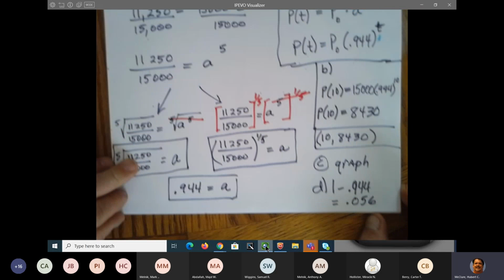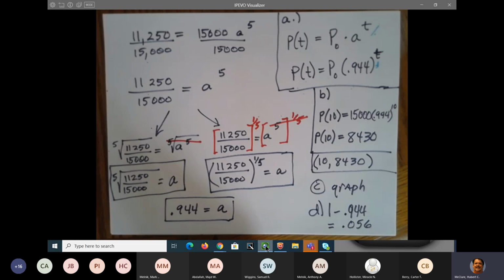Now that's a good homework problem, but I can tell you right now, the only thing I'm going to test you on with logarithms and exponentials are the graphs and the algebra. Now I might ask you something that has to do with decay or half-life or something like that.